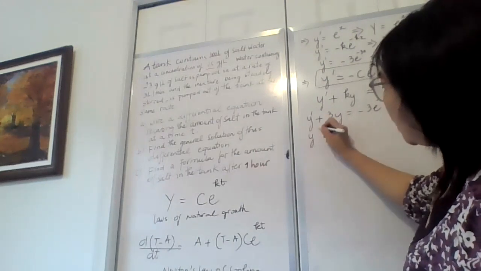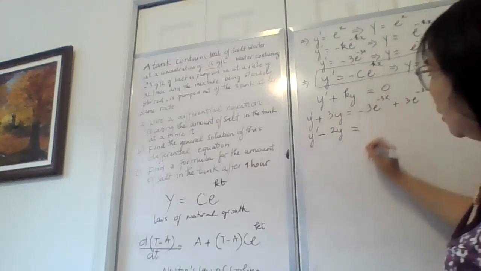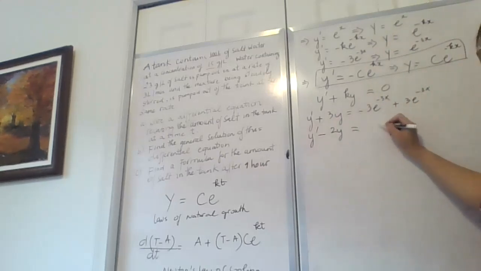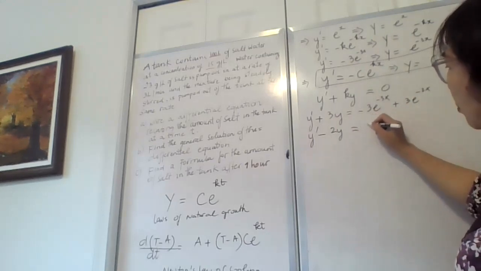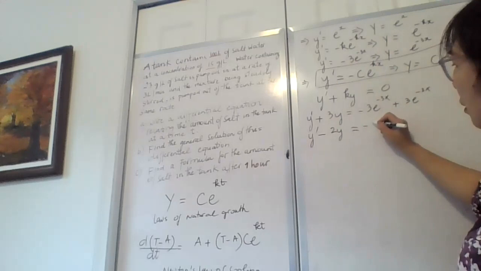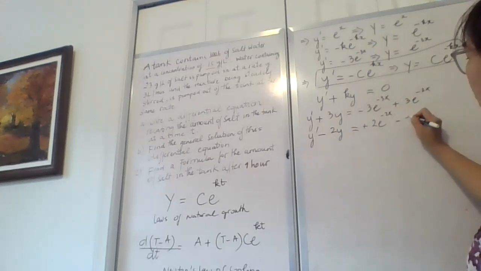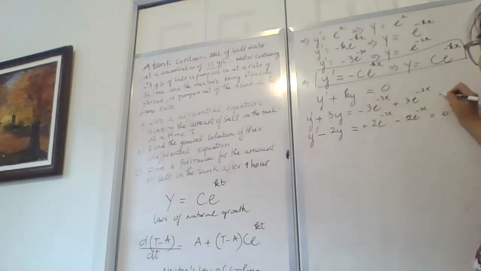If people write it like that, then you know this is the left side, and your right-hand side will be plus 2e to the minus 2x minus 2e to the minus 2x. This is your y prime, this is your y equals 0. Add together, that equals 0, right?